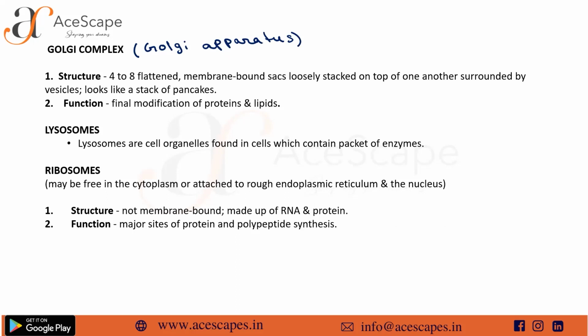The structure: there are 4 to 8 flattened membrane-bound sacs. They loosely stack on top of one another, surrounded by vesicles. They look like a stack of pancakes mounted on each other. The function of these is final modification of proteins and lipids.